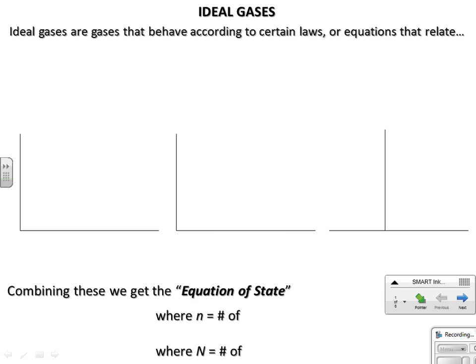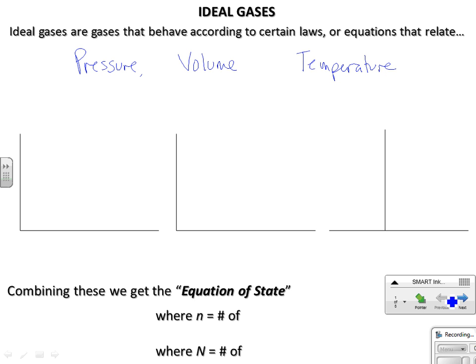By definition, ideal gases are gases that behave according to certain laws or equations that relate three things: pressure, volume, and temperature.